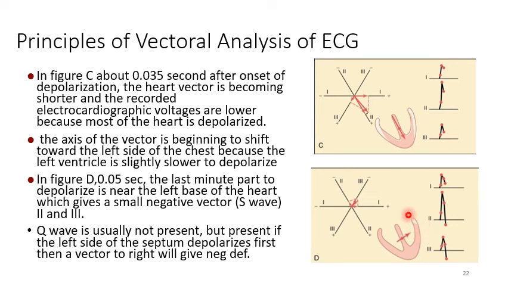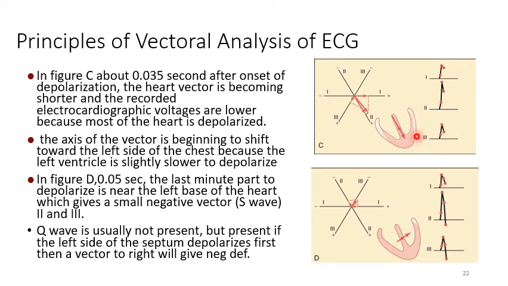So the voltage is going to be very small, and the instantaneous cardiac axis is now moving to the left and up, because the areas that are not depolarized are in the base and on the left side. The base of the heart, and the left side, because the left side of the heart is slower to depolarize. And we have seen this here too.